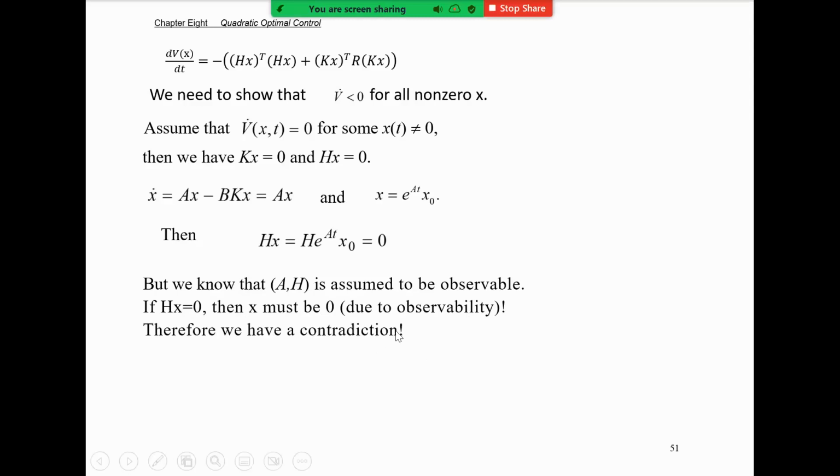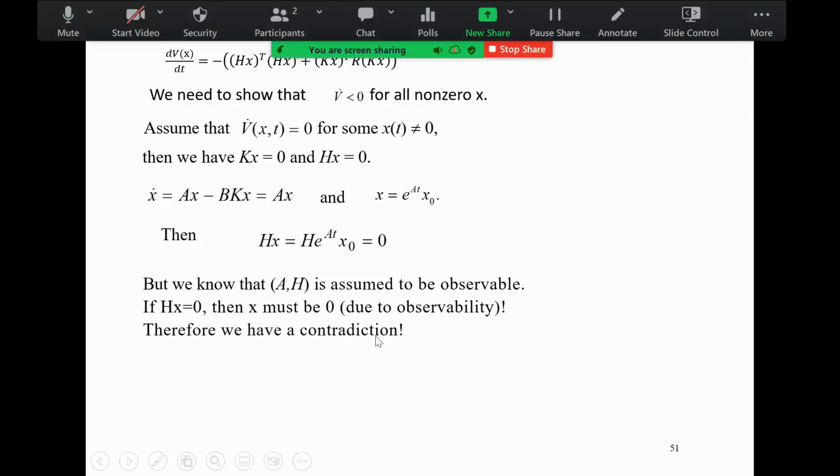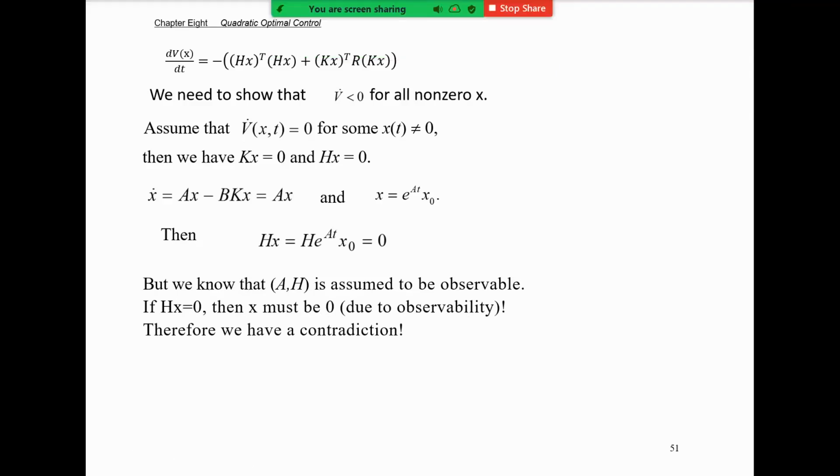But of course, this one will have a contradiction. First, we assume that x is not 0, but because all the output is 0, we know that the state has to be 0, therefore we have a contradiction. Then we have proved that for non-zero x, the change rate has to be negative.